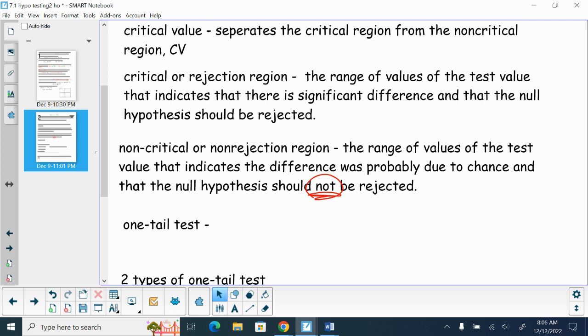So you're going to have this test value, and you're going to place it on a bell-shaped curve. Am I going to go into a critical region or a non-critical region? If it's in the critical region, I will reject the null hypothesis. If it's in a non-critical region, I will fail to reject the null hypothesis.